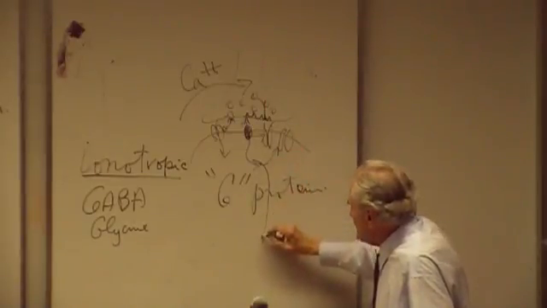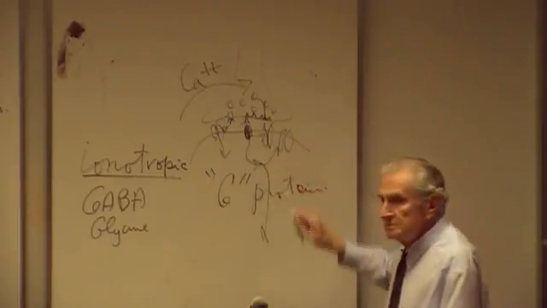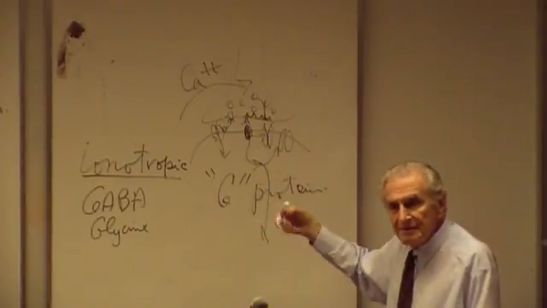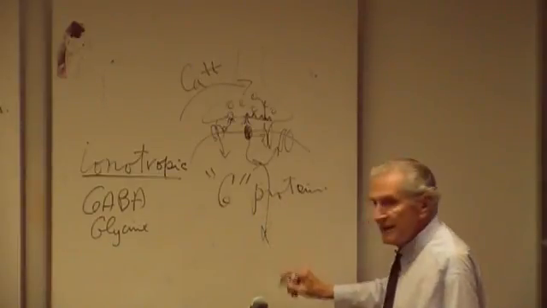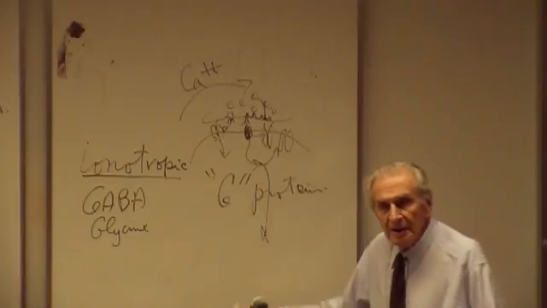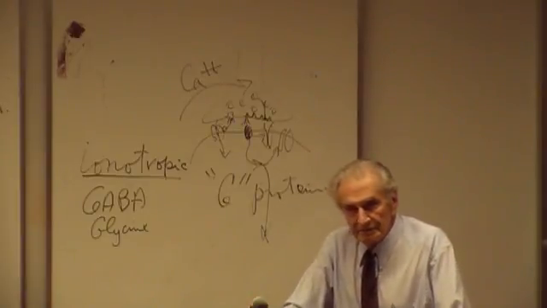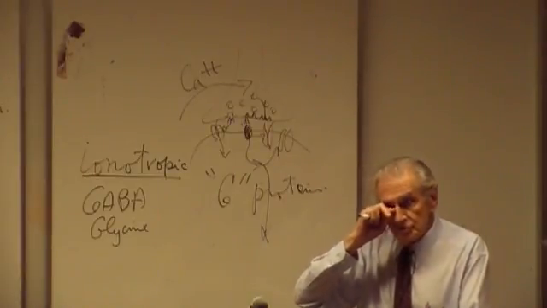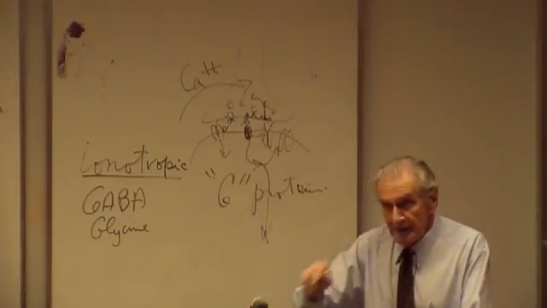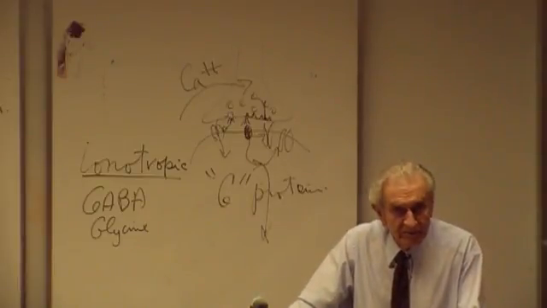But the beauty of this more indirect and longer time-lapsed phenomenon is that this may also work eventually on the genome of the postsynaptic cell, which means that you may get synthesis of protein. It means you may get changes in structure of the postsynaptic element, and by golly, we're getting very close to something called learning changes.